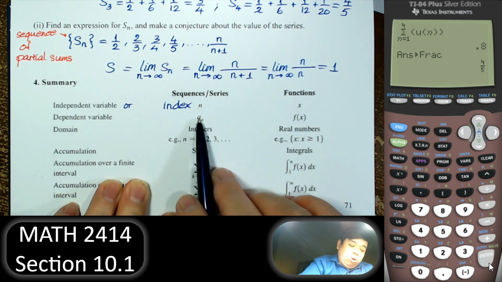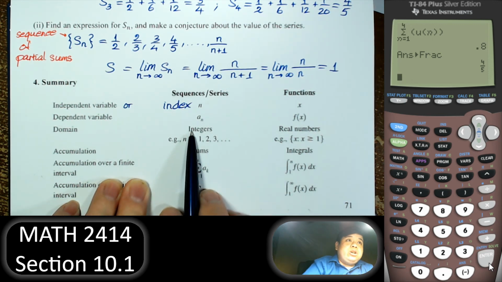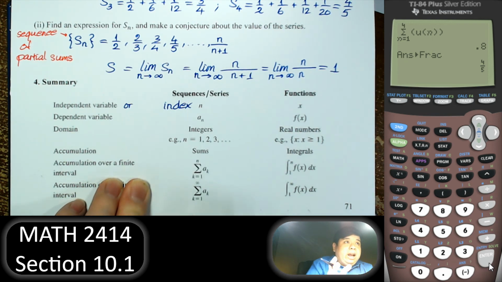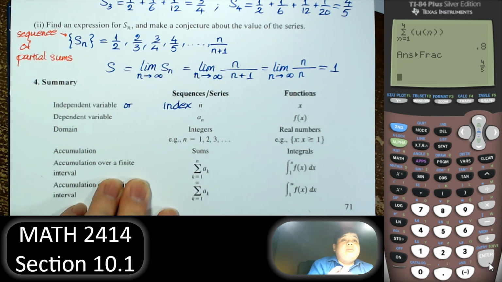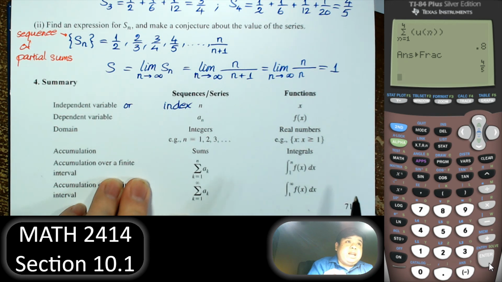A sequence we write like that. And the domain is integers. Actually, like I said, it could be negative, but without anything specified, we will say the first term is n equal to 1, and so on. But in a function, it could be any set of real numbers. It could be 1.5 and anything in a function.